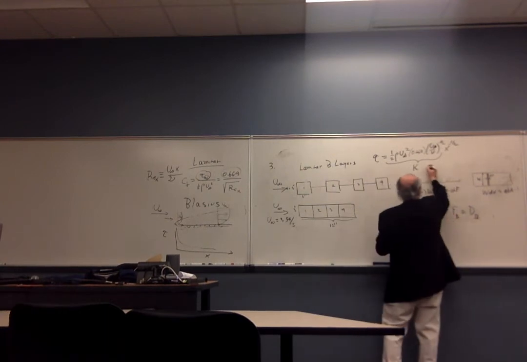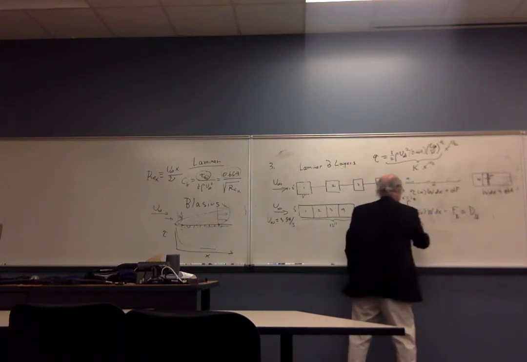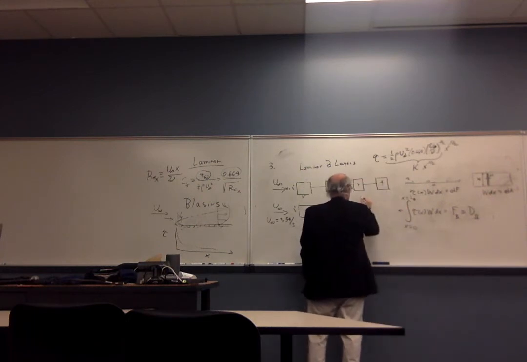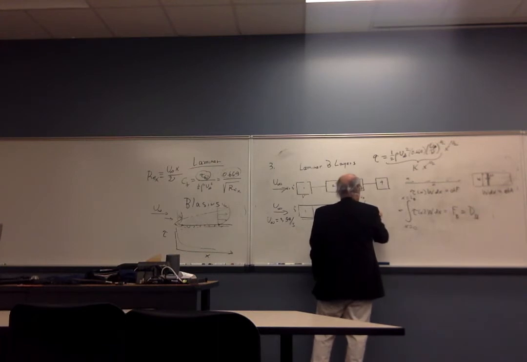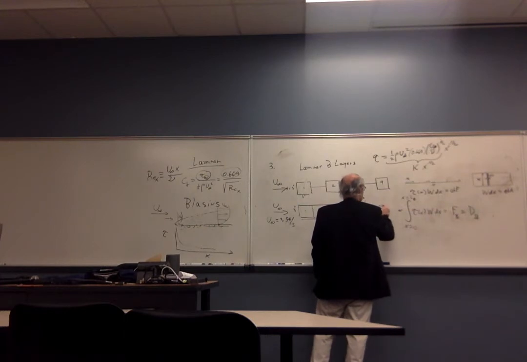Calculate it anytime you like. Times x to the minus 1/2, right? So now let's do this integral. So now this integral is going to be equal to the integral from 0 to L sub b of a constant times W, which comes from here, times x to the minus 1/2 dx.